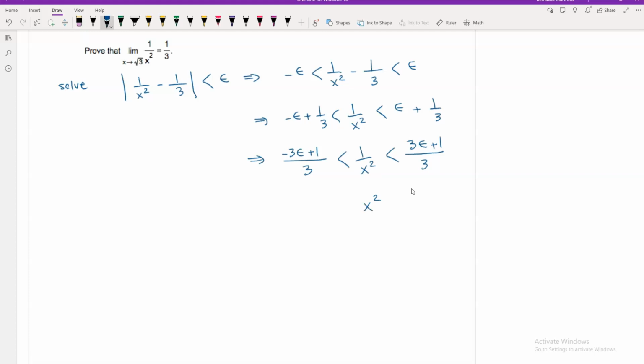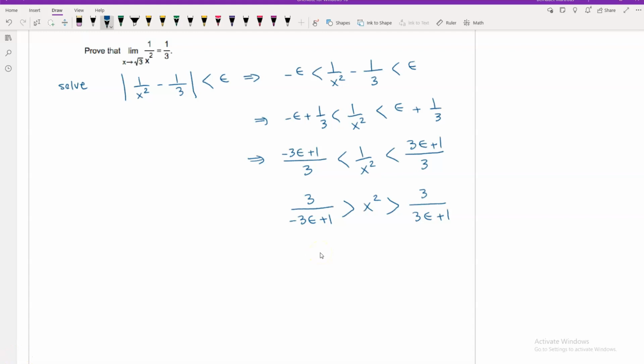Now x squared, by moving x squared to numerator, that means we are going to change the direction of inequality. So here we have 3 divided by 3 epsilon plus 1, and here on left we have 3 divided by negative 3 epsilon plus 1.